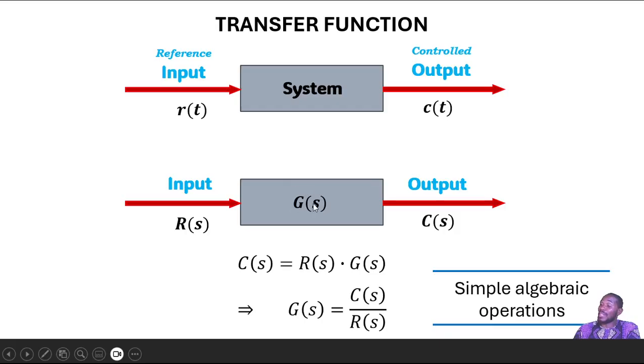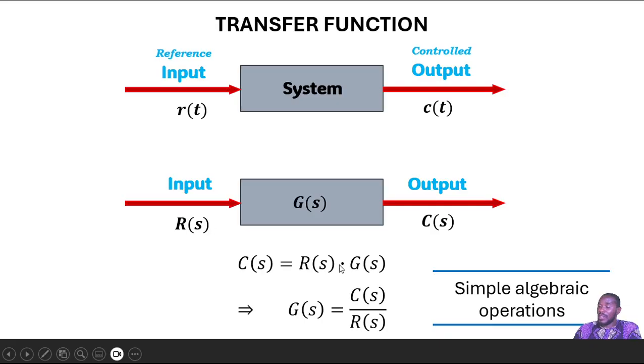It's the one that describes the relationship between the output and the input. It's the expression that works on the input to give us the output. So you see that the output C of S is the product of the input signal and the transfer function.